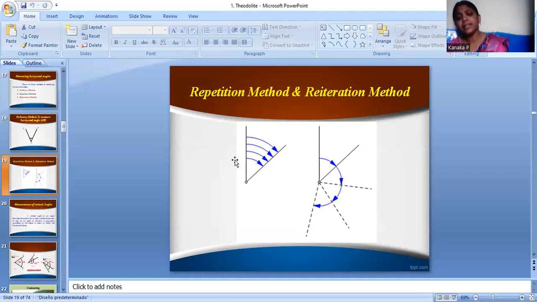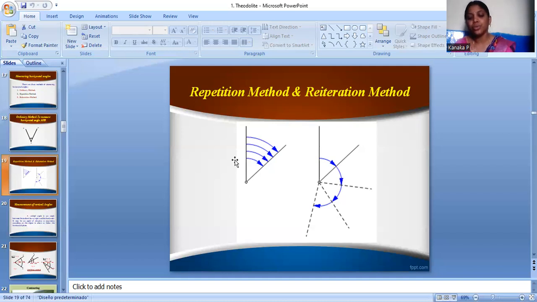Then vernier A is set to 60 degrees or 90 degrees. The horizontal angles are measured in the same manner. This time, the telescope is turned in the anti-clockwise direction. This operation is done to compensate for slip.